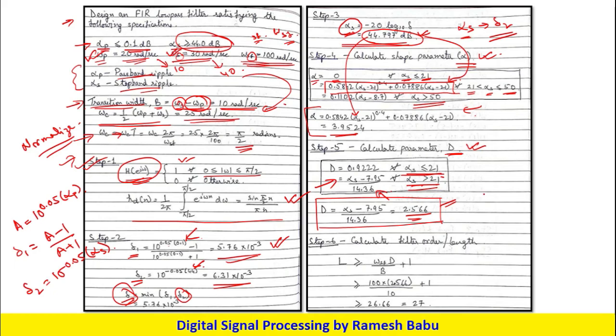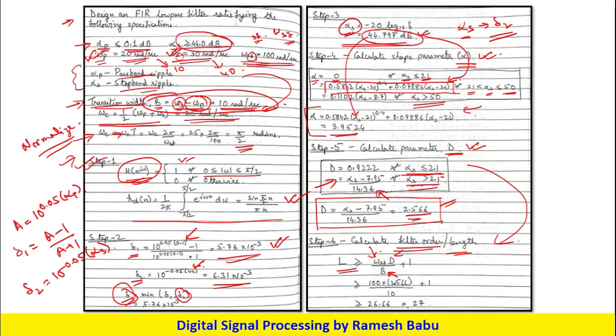Now, from this parameter d, we have to calculate the filter order or length. So length is given by: length is greater than or equal to sampling frequency times d divided by b, plus 1. So omega s, d you have calculated, b also you have calculated here, right?